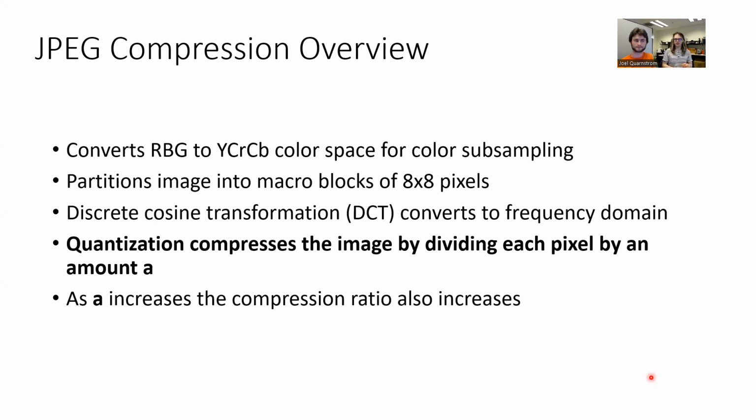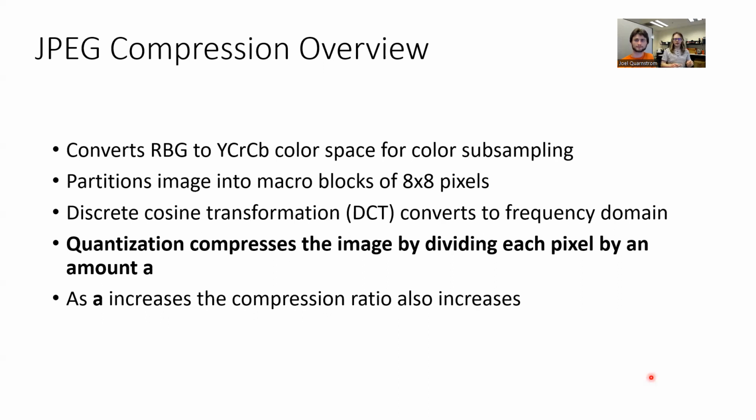The main idea here is that JPEG compression wants to make use of the fact that our human eyes are less sensitive to color information than they are to light intensity. So the color channels are downsampled while the luminance channel Y is not.